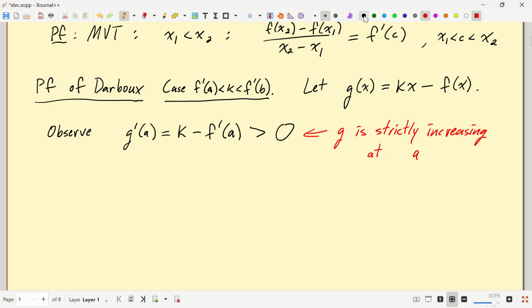And then g prime of B is strictly negative. So that would be k minus f prime of B is less than 0. And that means g is strictly decreasing.